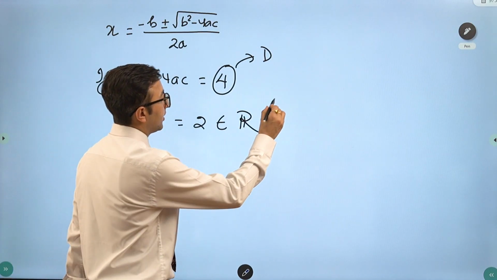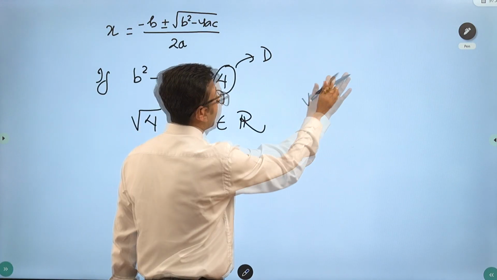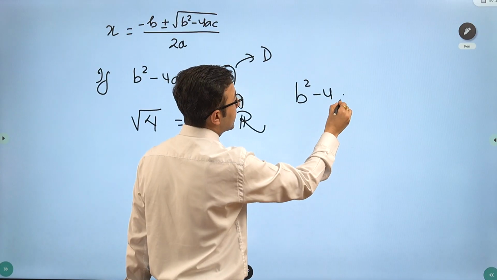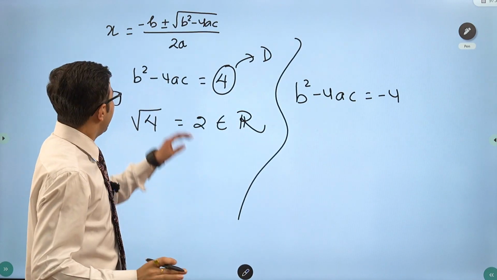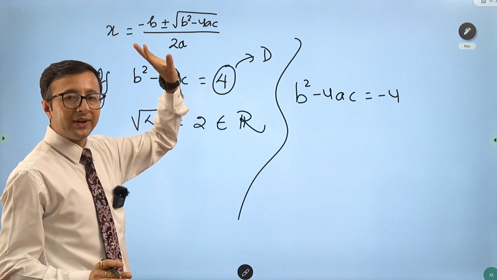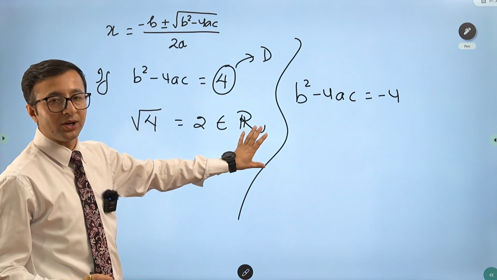But suppose b square minus 4ac is equal to minus 4. If b square minus 4ac is 4, then the square root of 4 is 2, which is a real number.